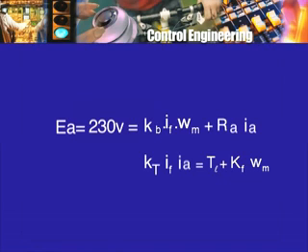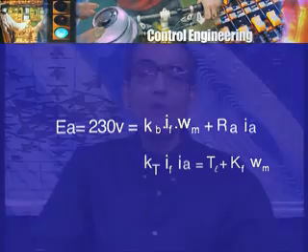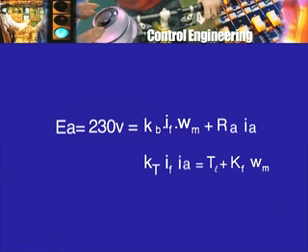So what is known and what is not known? Omega m is the speed which we want, so we know 1500 RPM or roughly whatever number of radians per second. Load torque is known, armature resistance is known, coefficient of friction is known, and these two constants, small kb and small kt, in fact they will be nearly equal, which are the back EMF and torque constants, giving back EMF or torque per ampere of field current and per RPM or per ampere of armature current.